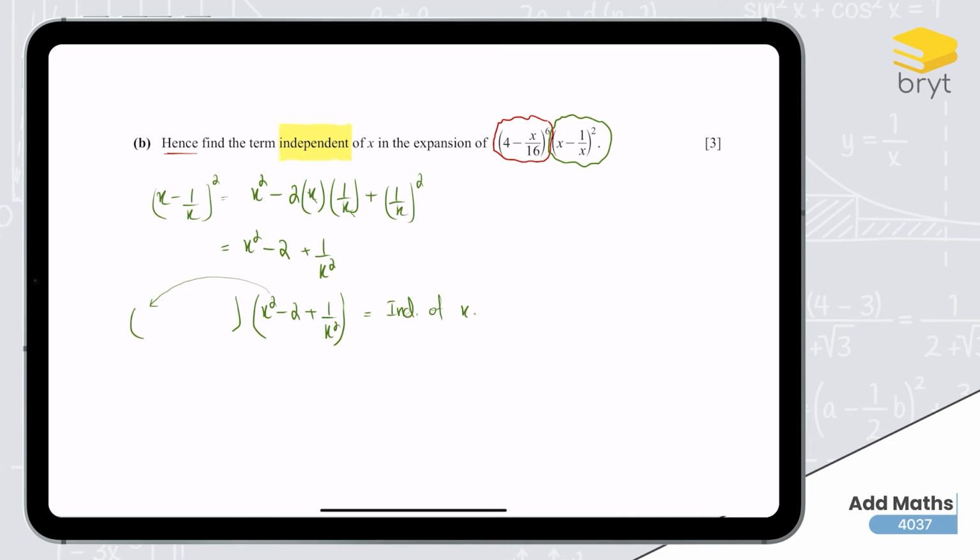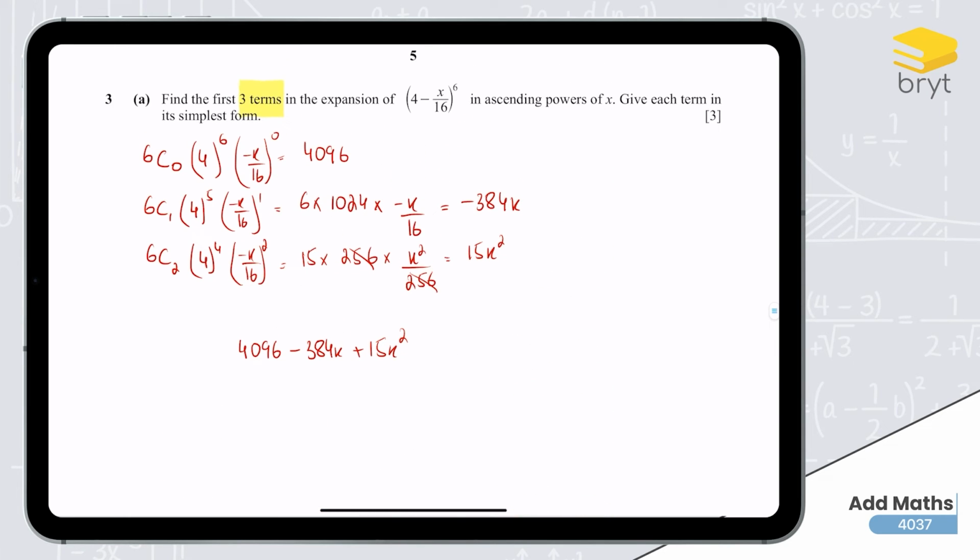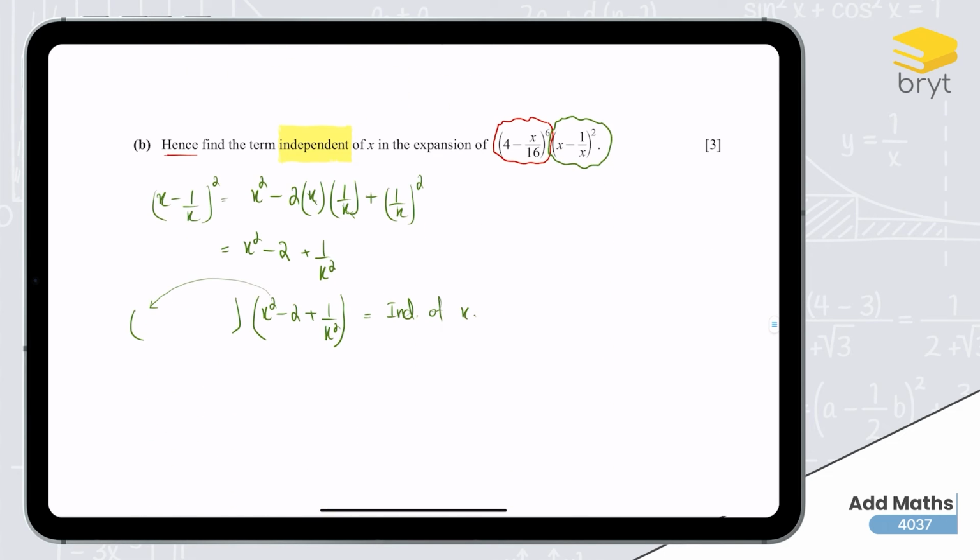Now if you think about it, x squared is in the numerator, and in the expansion above, all the terms will have x raised to some power in the numerator, whether it's x to the 1, x to the 2, or x to the 3. So no matter what you do, if you multiply that by x squared, there's no way you could be left with a term that's independent of x. So we're not going to worry about multiplying x squared with anything at all.